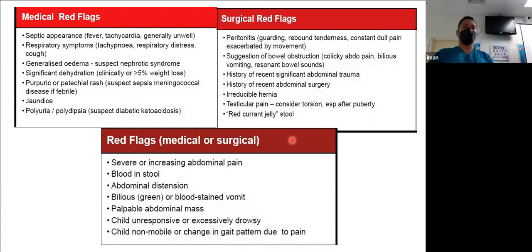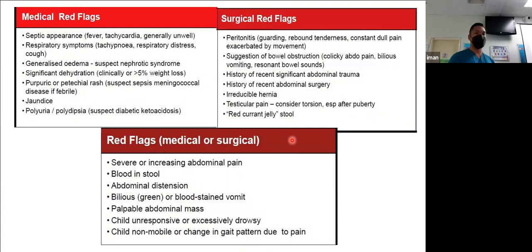So if patient came with septic experience, respiratory symptoms, significant dehydration, ada petechial rash, patient jaundice, so this one medical. Okay, kita ada medical ni thought satu. But then patient kalau ada peritonitis, ada history of recent abdominal trauma, recent abdominal surgery, and kita takut ada dehiscence of scar. So this one we're thinking of surgical.